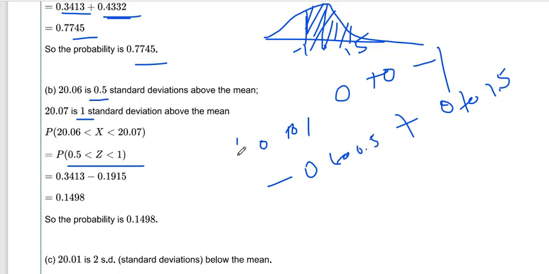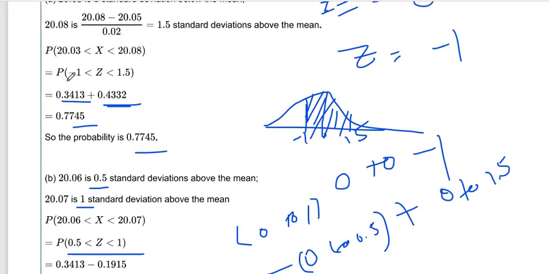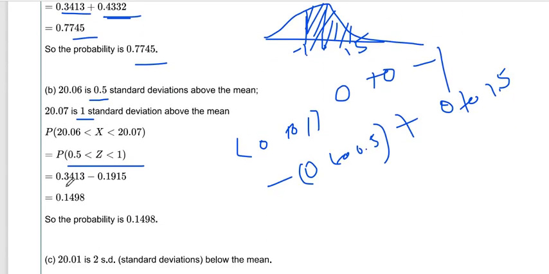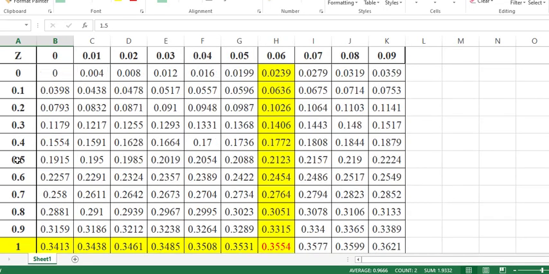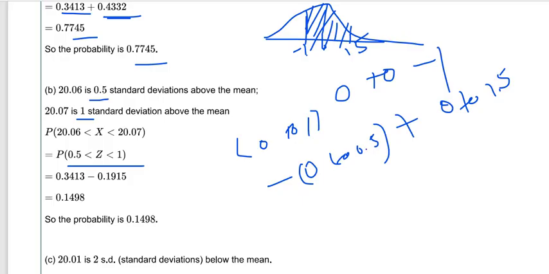First make a graph so that you get a better idea of how to find 0.5 to 1. 0 to 1 we already calculated, it is 0.3413, and for 0.5 we find 0.1915 from the table. Just subtract them and we get the probability.